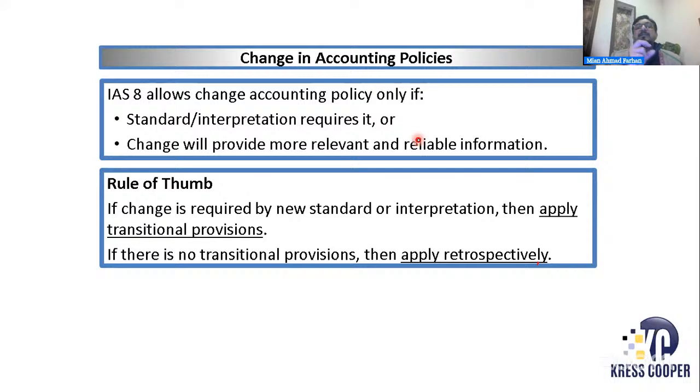So that transitional provision, how to account for the change during this transition of change, is provided by the new standard or the changed standard. If it is not the case, then the change in accounting policy will be reflected in the financial statements based on retrospective application.